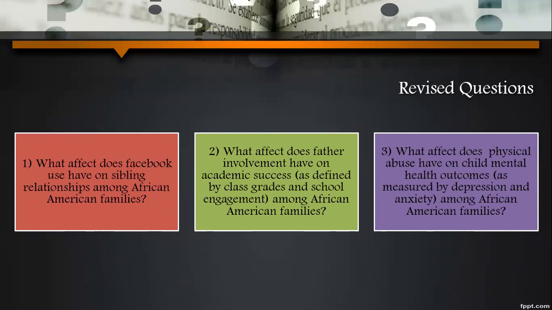Now we're being specific and saying we are interested in understanding these specific mental health outcomes, depression and anxiety, and among African-American families specifically, because we could be talking about any population, right? So we really need to be specific about the population that we're studying, because these things can play out differently depending on our sample or our population. So it's very important to be specific.